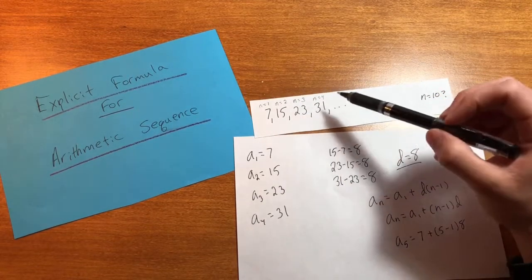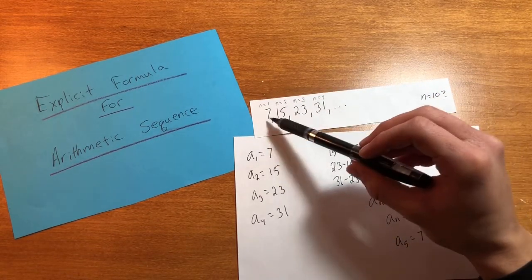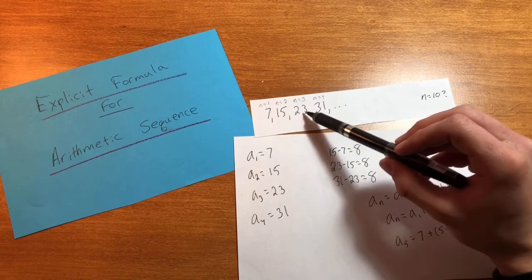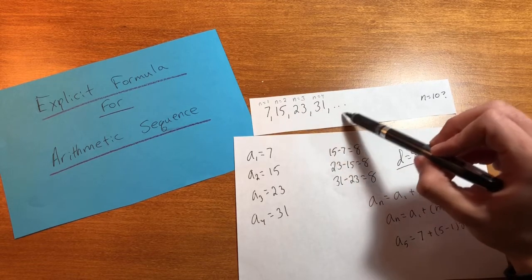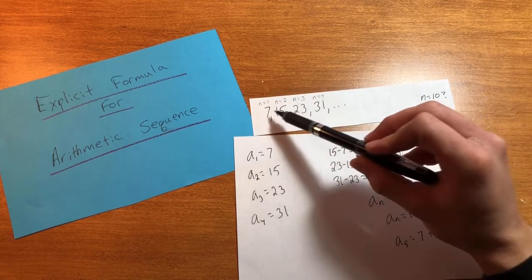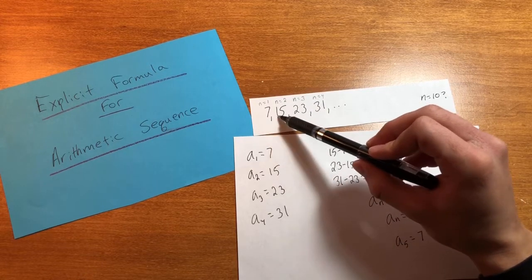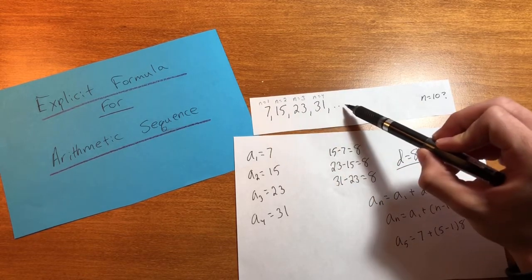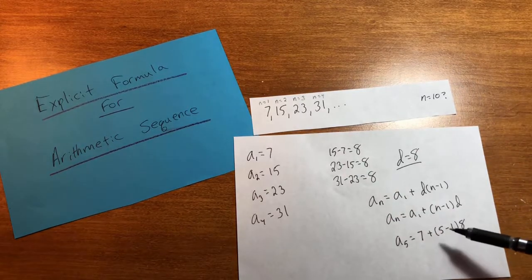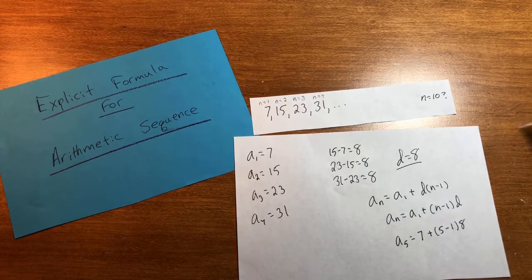Well, if we look at this, n equals 5, I'd be adding 8 once, twice, 3 times, 4 times. So I take my initial value and add it once, twice, 3, 4 times. So that's why it's going to be 5 minus 1, which is 4.